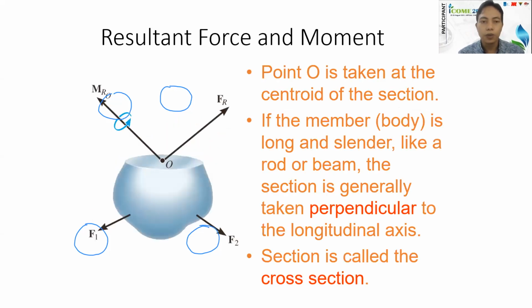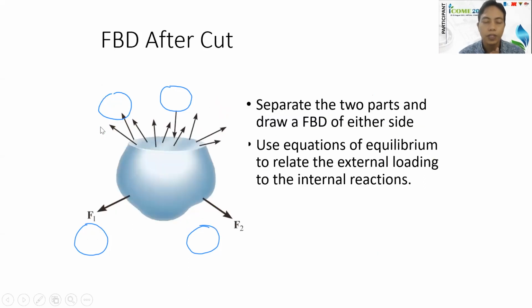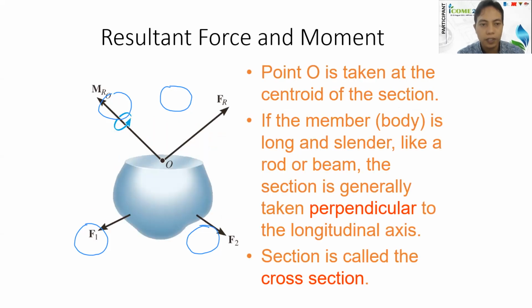But even though we have many directions of internal load, we can always simplify those loads into the main components, that is the force and moment. So for this internal force, there are many forces acting at any point, but we can simplify this internal force into this resultant force and the resultant of moment, which works at the centroid of the specimen.